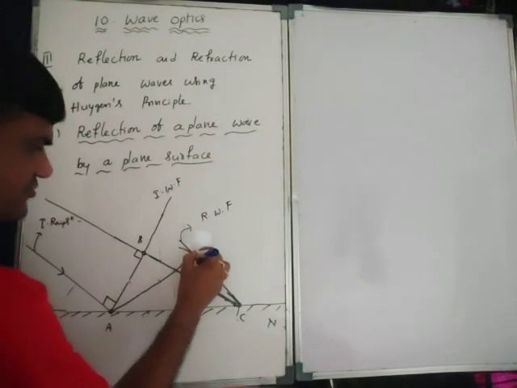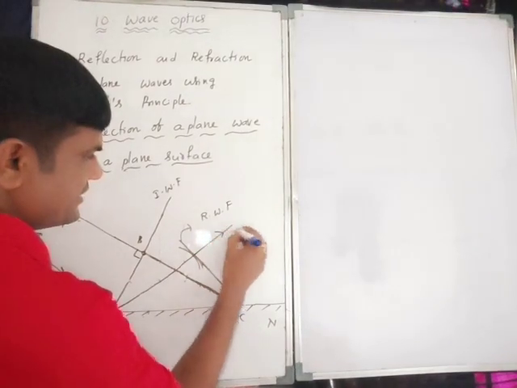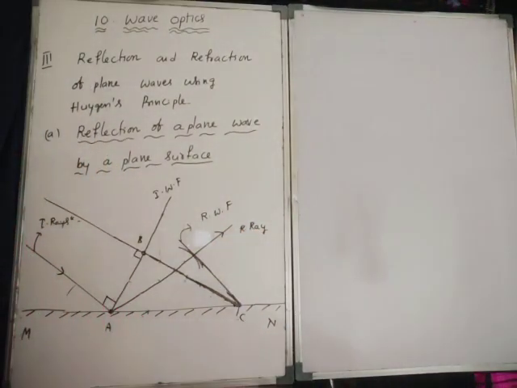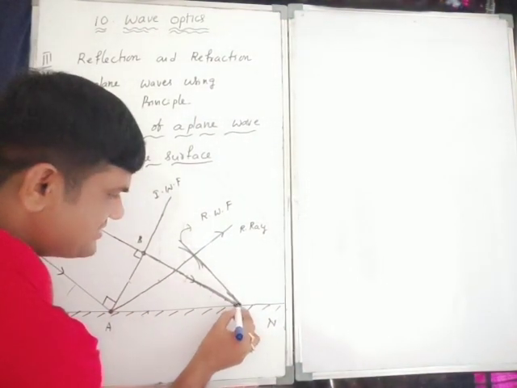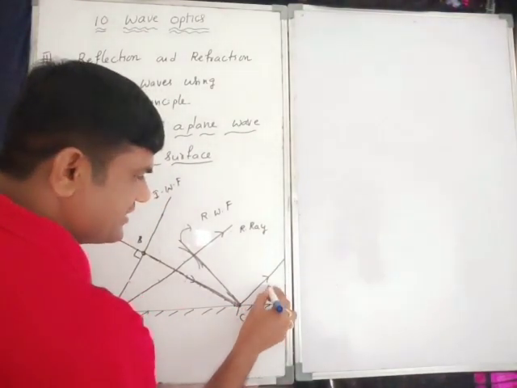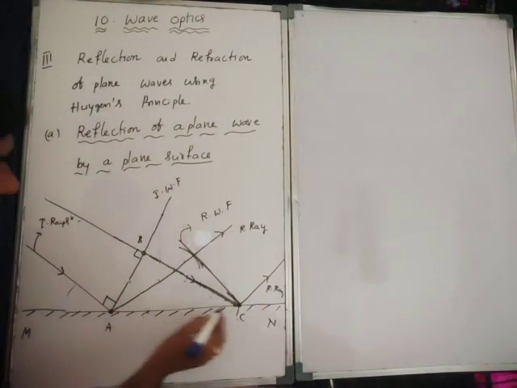Now what is this? The reflected ray. At the same time, this is the incident ray, and this is the point of incidence. This is the reflected ray, and both are parallel reflected rays.